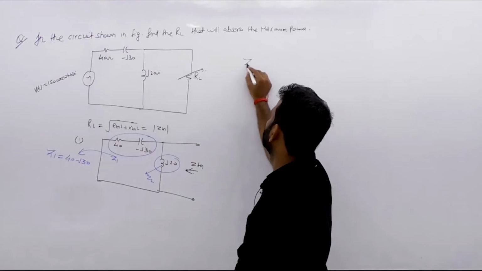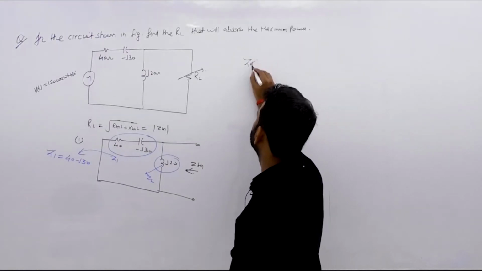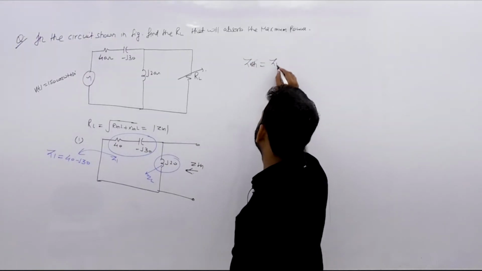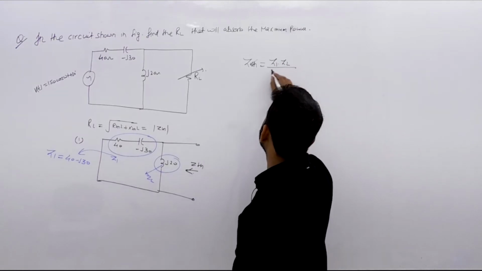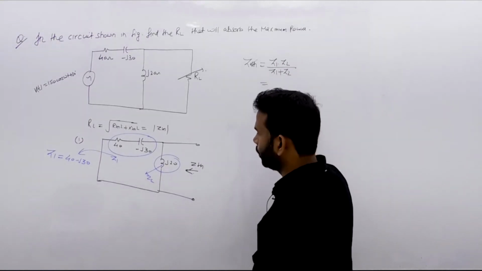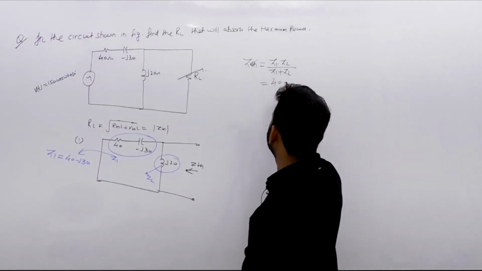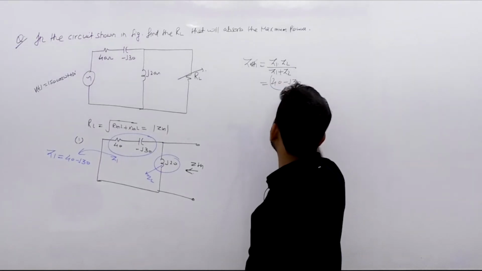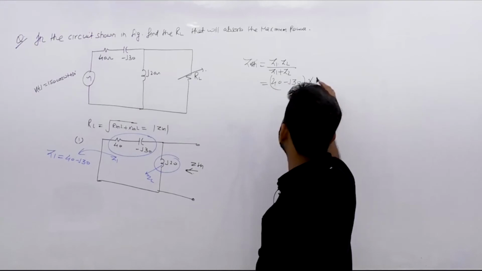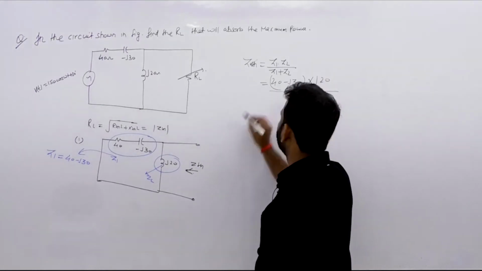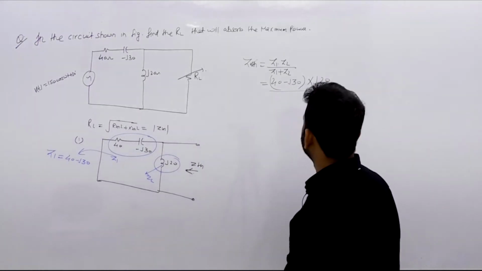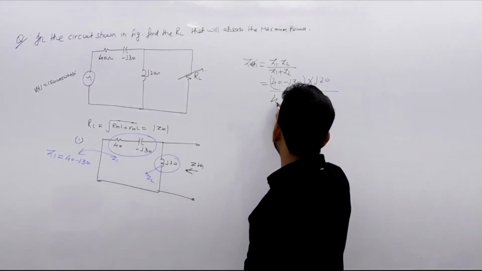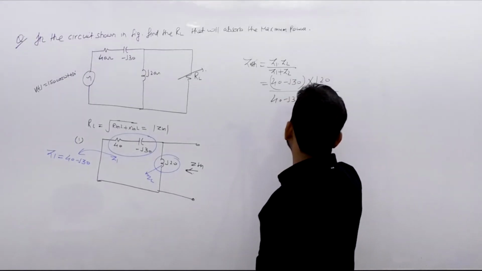So ZTH equals Z1 into Z2 upon Z1 plus Z2. Looking at the numerical values, it is 40 minus j30 into j20, upon, since both are in parallel, 40 minus j30 plus j20.